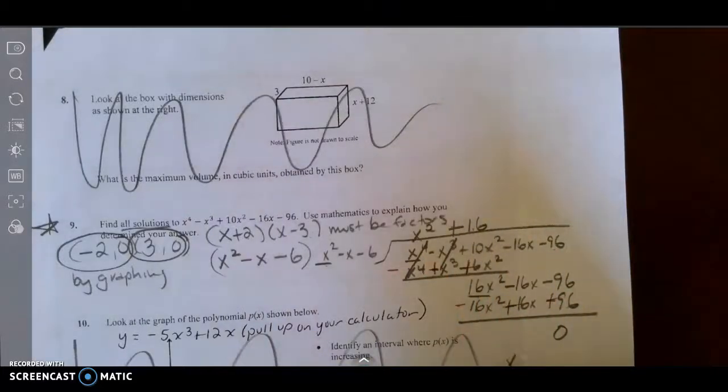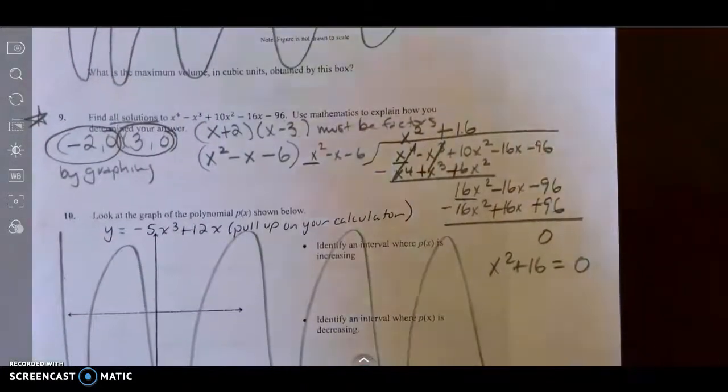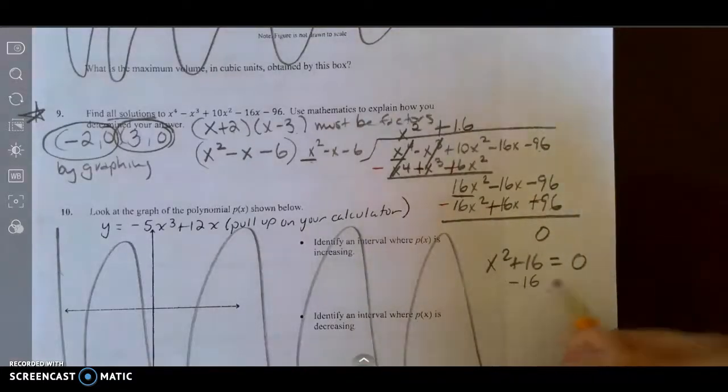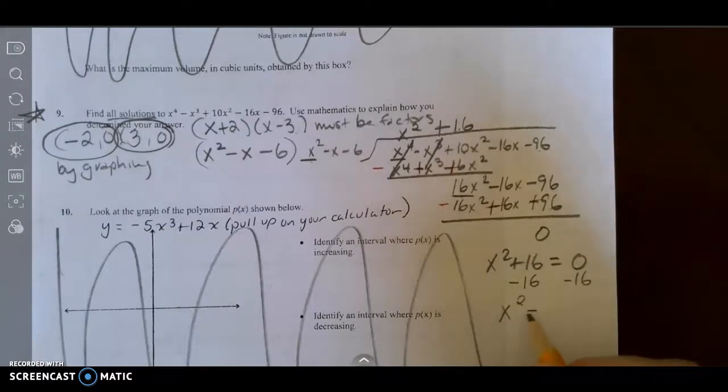So x squared plus 16 must equal 0. In this particular problem, I don't really need to do quadratic formula. I would need to do quadratic formula if I had a trinomial, but because I don't, I can simply subtract 16 from both sides and get x squared equals negative 16. Take the square root.